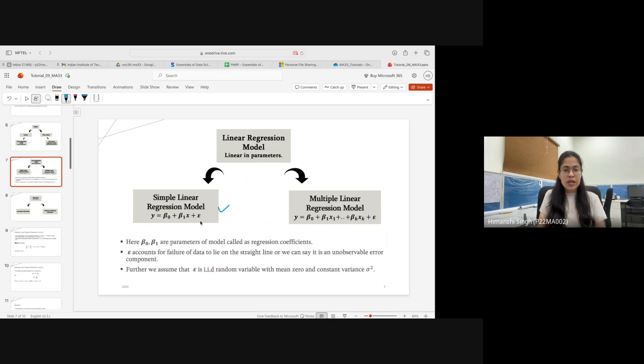Epsilon is the quantity because of which there is a possibility that the observation may not lie on the straight line. Basically we want this straight line, but I do not know what the straight line is.